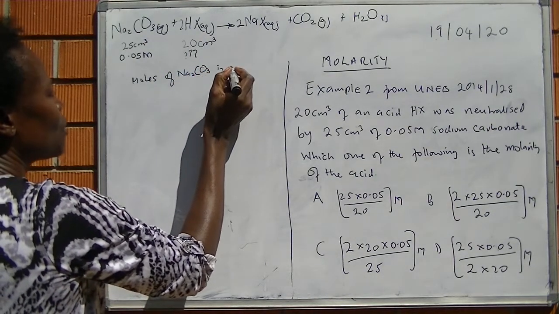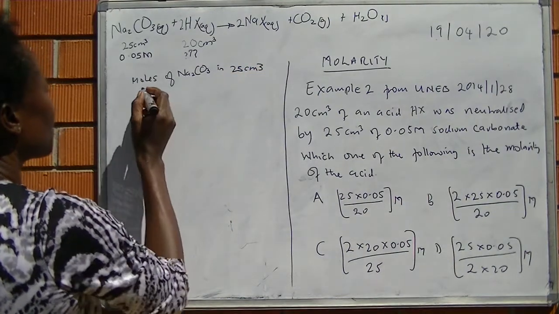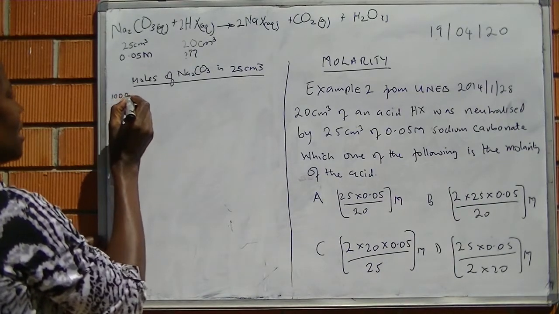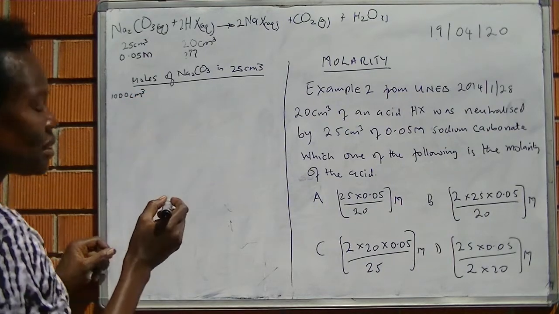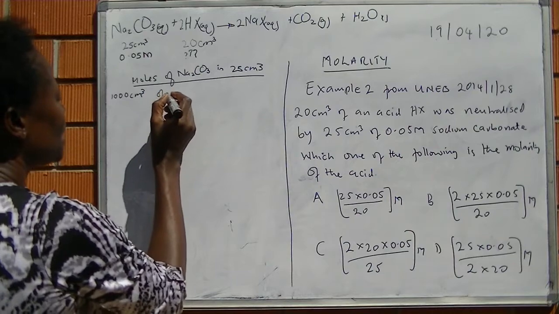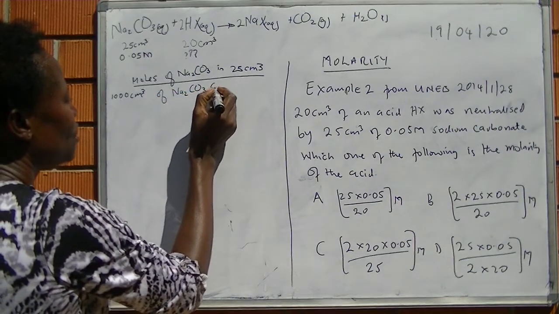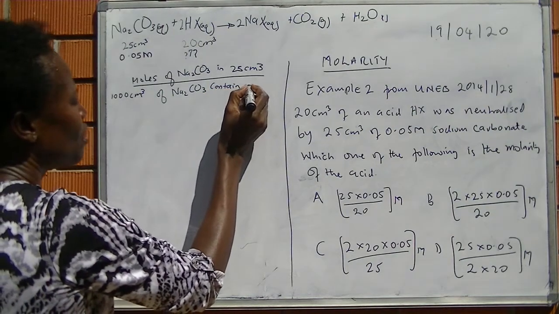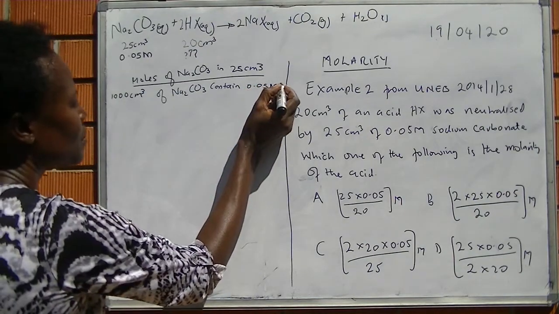in 25 cubic centimeters. Remember capital M, we said that 1,000, capital M means molarity, and molarity is the number of moles in 1,000 cubic centimeters. So 1,000 cubic centimeters of sodium carbonate contains 0.05 moles.